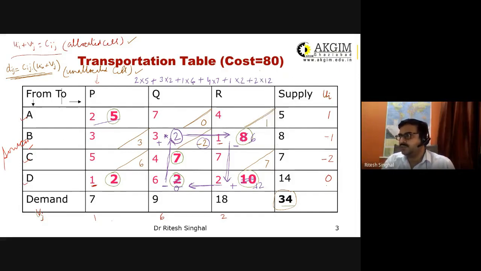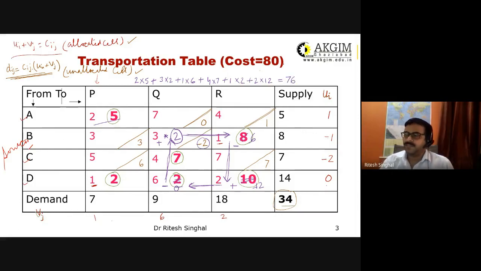So the 6 allocations are still there. Now, what is the next solution? Then here 10 plus 6, 16 plus 6, 22, and 22 plus 8, 50, 50 plus 24, and 2, that is 76.